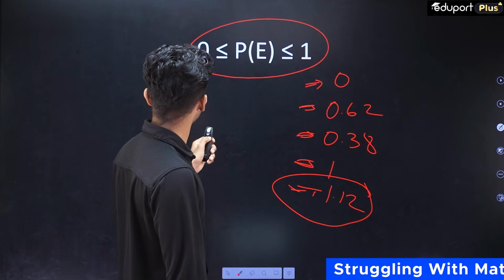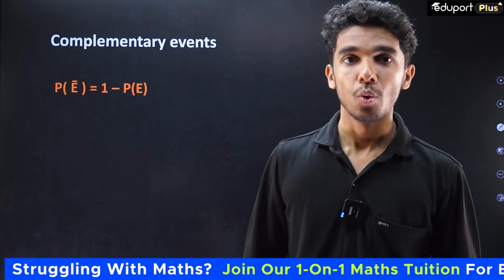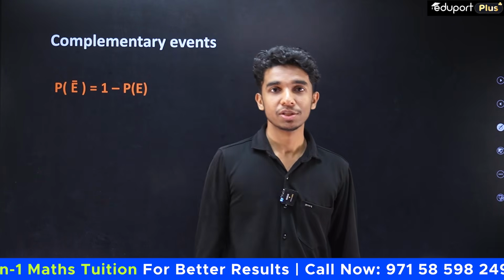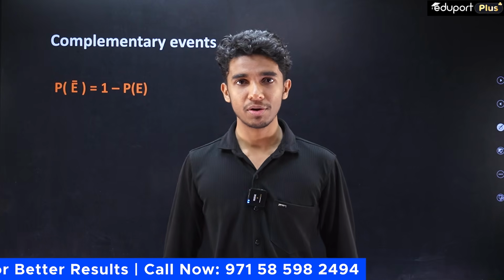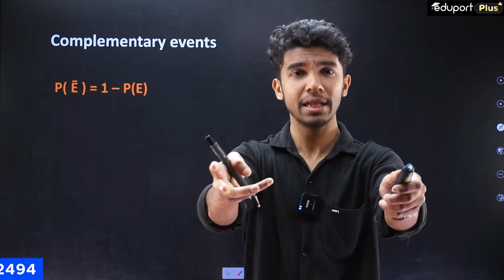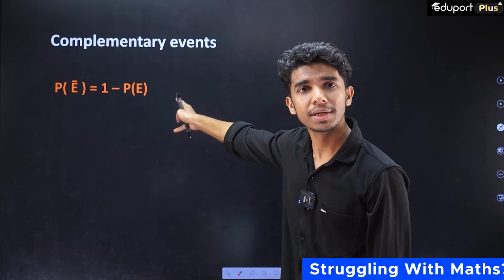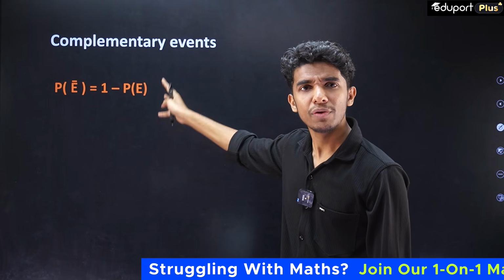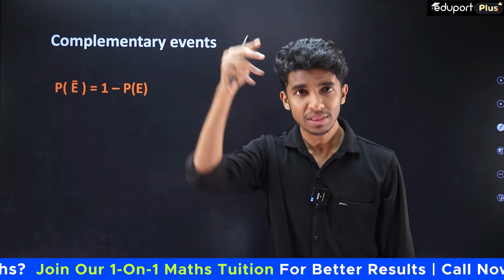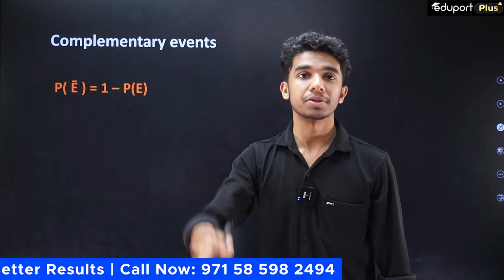Now complementary events. With complementary events, we are going to stop our content discussion. This is all you need. If you have not studied yet, this 30 minutes is all you need in this chapter. If you give a good 30 minutes to this video, your probability will be set.